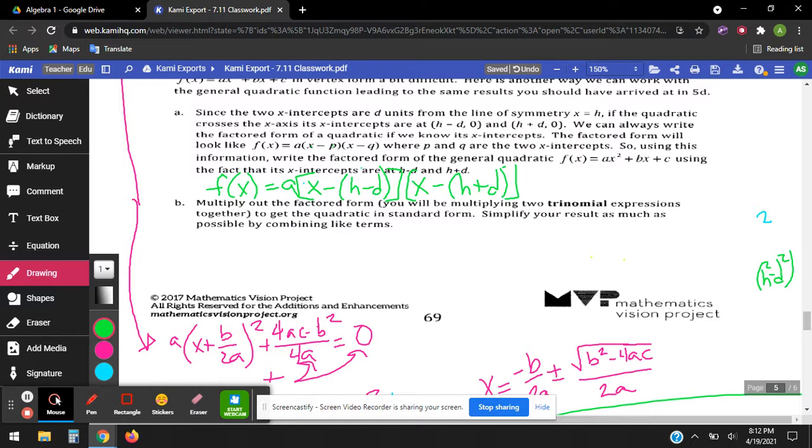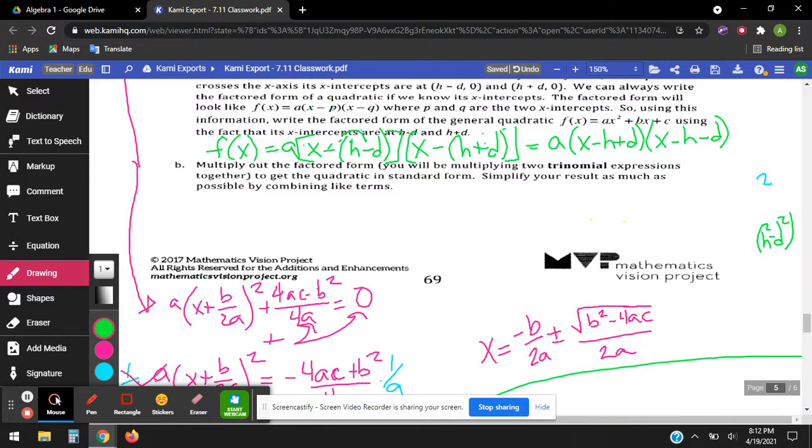This simplifies to a times x minus h plus d, times x minus h minus d, distributing the minus.